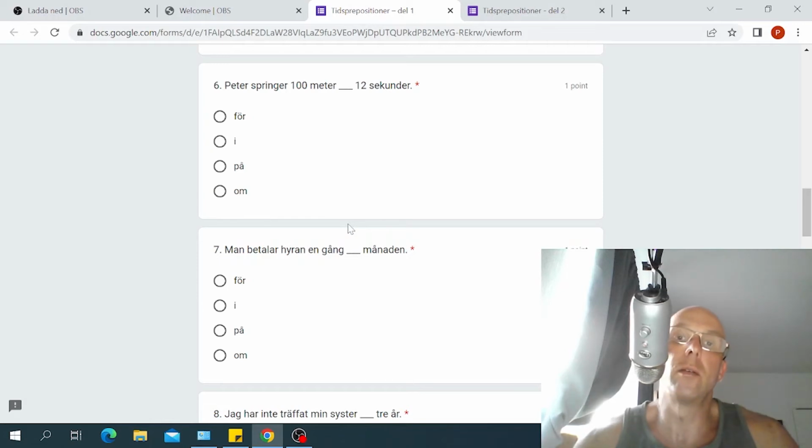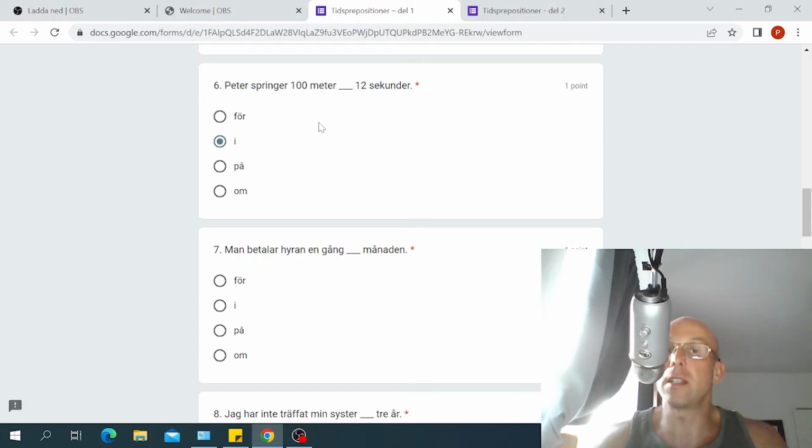Peter springer 100 meter, 12 sekunder. Peter runs 100 meters in 12 seconds. Here it's logical to think that it's i, because it's, in a sense, duration of time. It takes him 12 seconds to finish 100 meters, right? But here is the exception to the rule with duration of time.